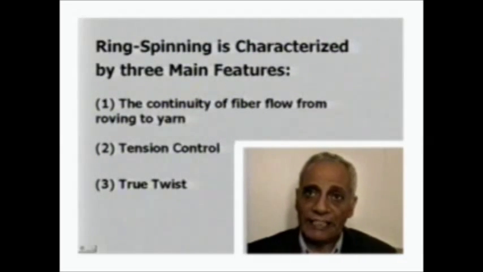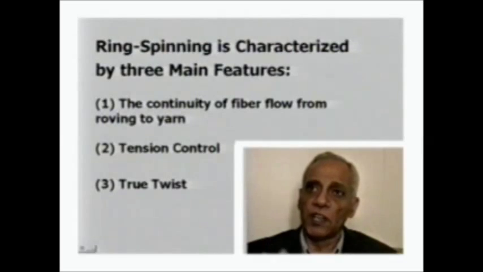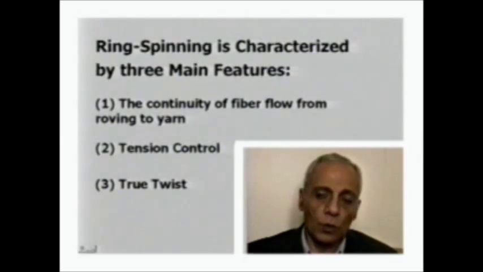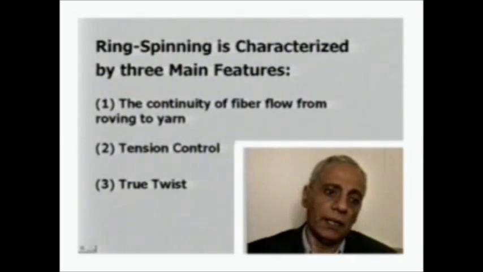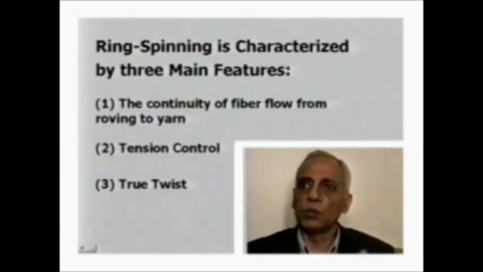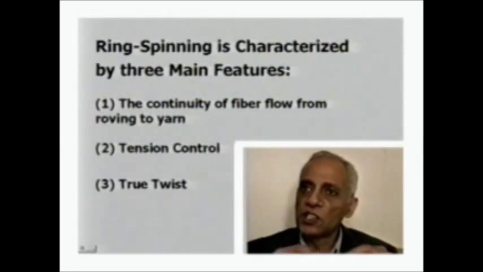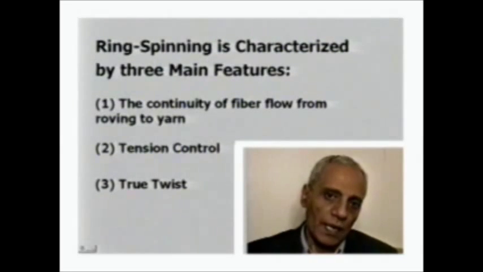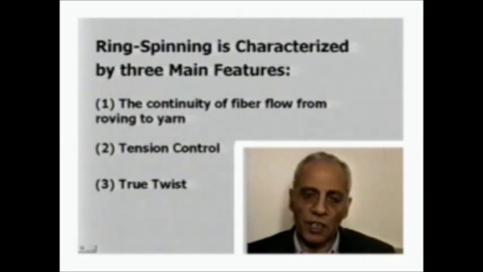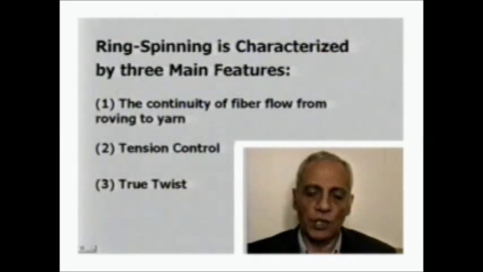And as I mentioned earlier, these are the continuity of fiber flow from roving to yarn, and continuity, as we indicated before, means no disturbance of the fiber flow. And if you don't disturb the fiber flow, then the fiber orientation will be kept.